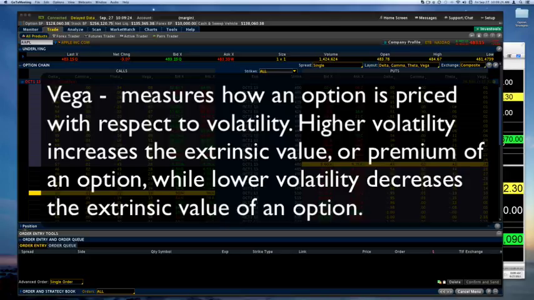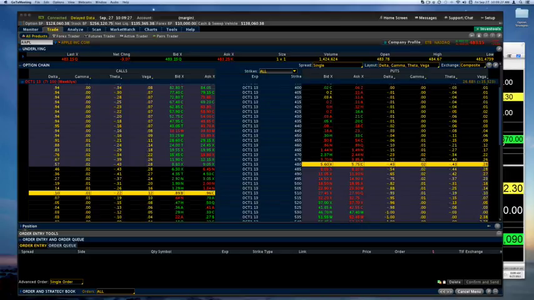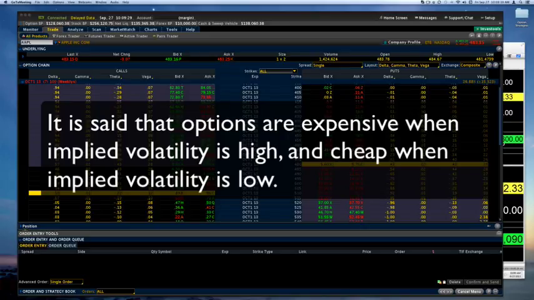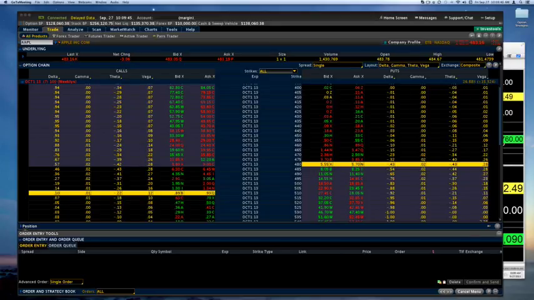So it is said that options are generally more expensive when volatility is high, because that pumps up the extrinsic value or the premium of that option. And they're cheap when volatility is low. All right. So that's the explanation of the Greeks.